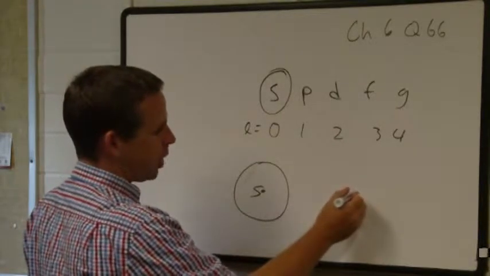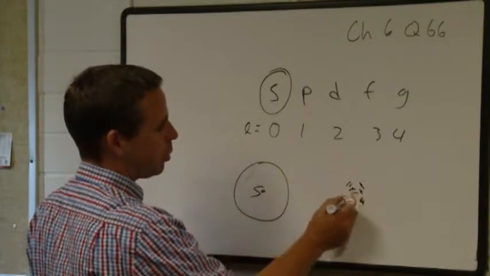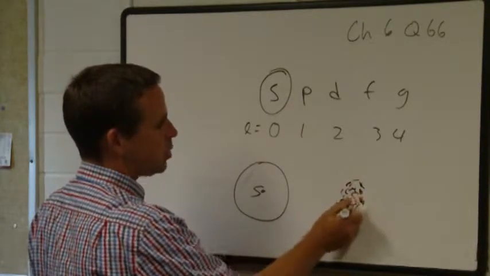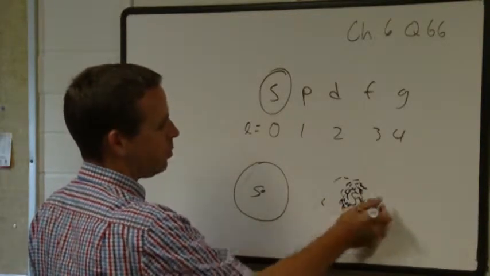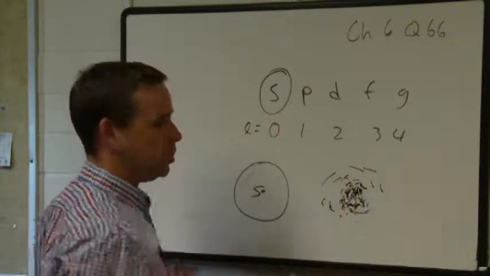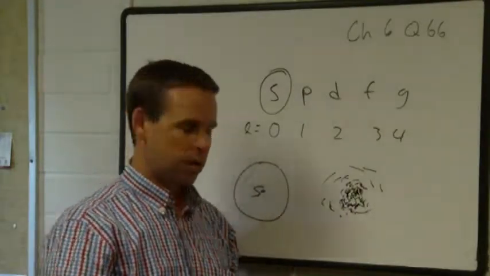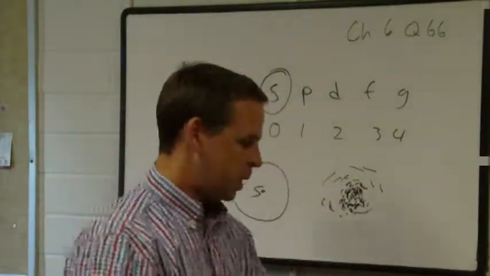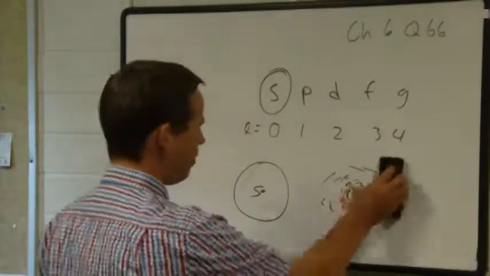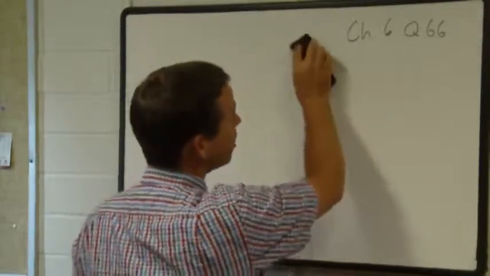If I draw where the electron density would be by adding dots, kind of like a probability map, then the dots would be around the middle mostly. There would be a few around the outside, but mostly the darker area would be in the middle. So this would be kind of like a probability distribution of where the S orbital would be. And these pink areas are the distribution of how far away the electron density is going to be. Now this is figure 6.18.